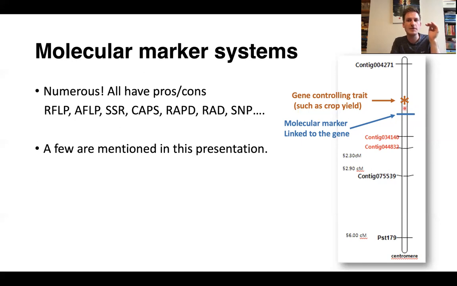it. Now keep in mind, it might not be the real gene. It's just a marker. It indicates that that trait is probably present, but it's not 100% accurate because it's just close. And it's because those two loci are linked.